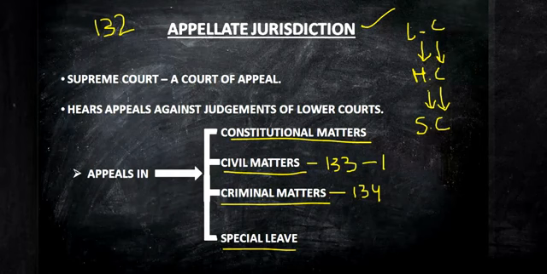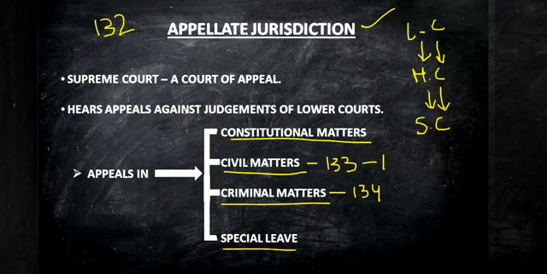The first situation is that if the High Court reverses the order of the lower court, that means there is a case in the High Court and the High Court has reversed the judgment given by the lower court and then sentenced that particular accused to death. There was a case in the lower court and the lower court has given some punishment, or let us say the lower court has said that that particular person is innocent.